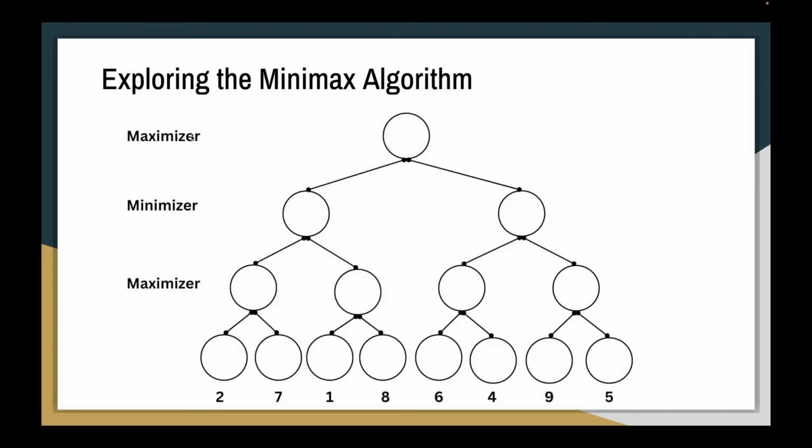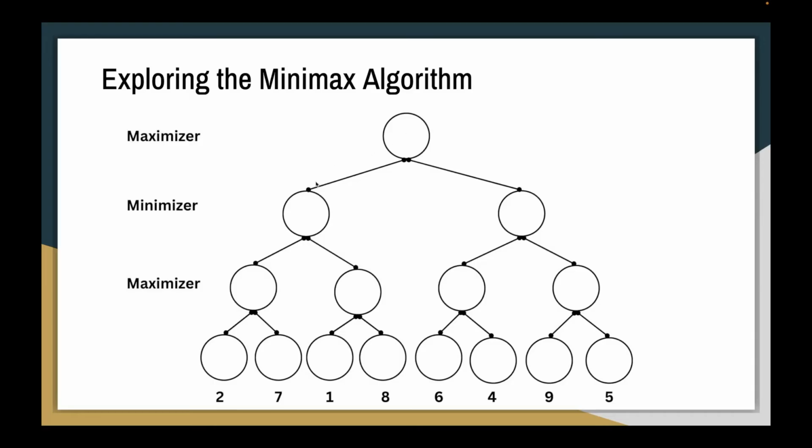So, the player at the top would like to drive the play as much as possible toward the big number. Here the big number may be 9. So, the maximizer will like to drive the play to the big number and tries to maximize the winning possibility.